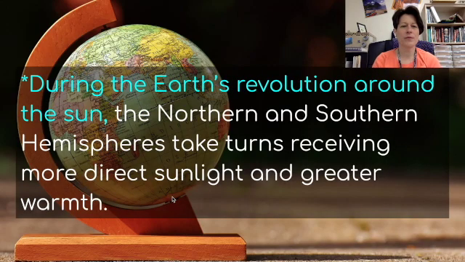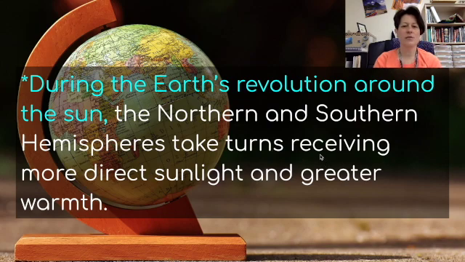During the Earth's revolution around the sun, the northern and southern hemispheres take turns receiving more direct sunlight and greater warmth. If the sun were over to the left, we would see that the northern hemisphere is tilted towards it, so that area would be receiving more sun and it would be summer.